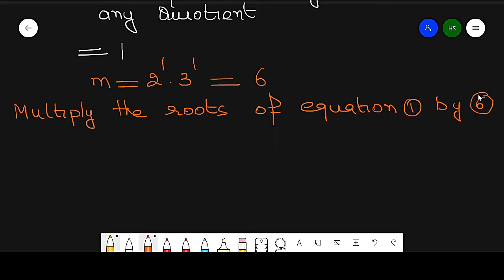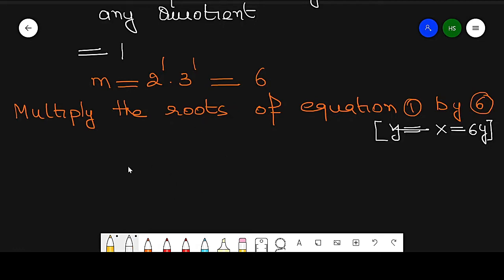It means the transformation is x equal to 6y. In the simplest way, we apply this to equation number 1.